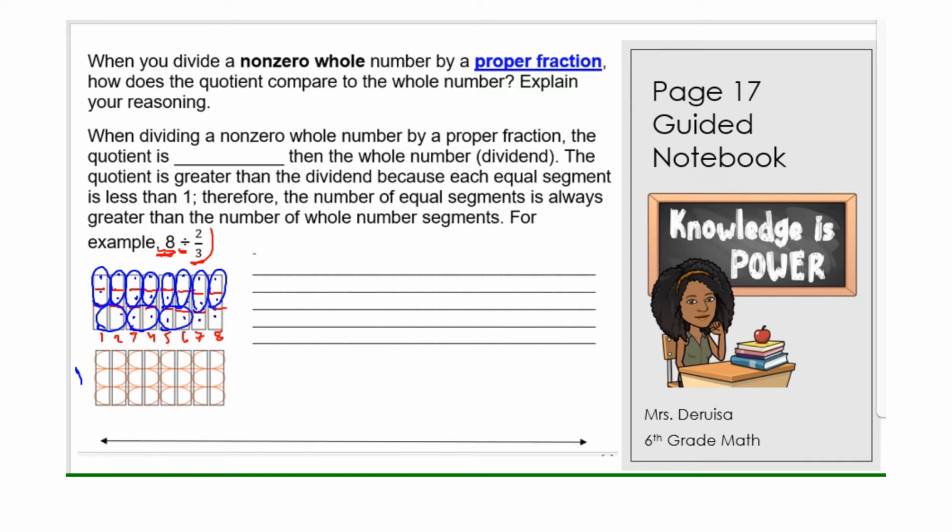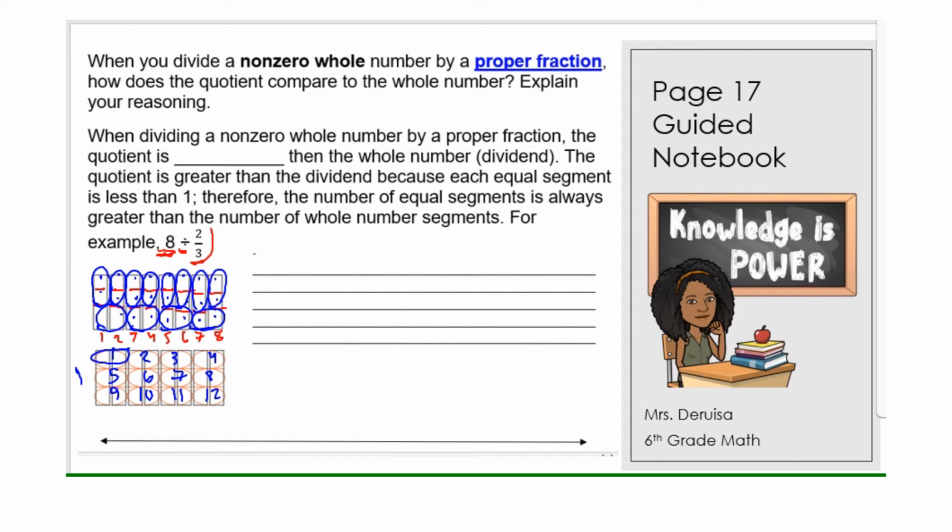The number of groups that we circle is going to be our answer. You have to make sure you're out of thirds before you start counting your groups. So I have 1, 2, 3, 4, 5, 6, 7, 8, 9, 10, 11, 12 groups of 2/3 in 8.